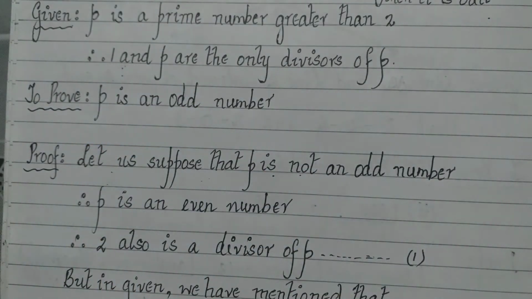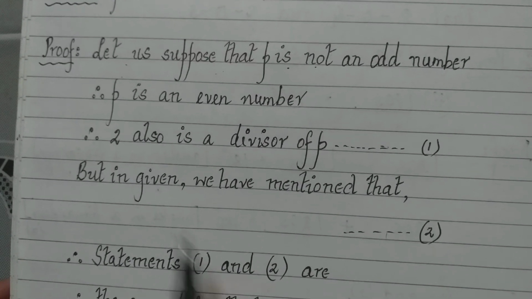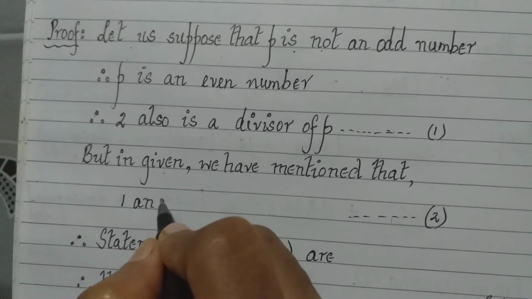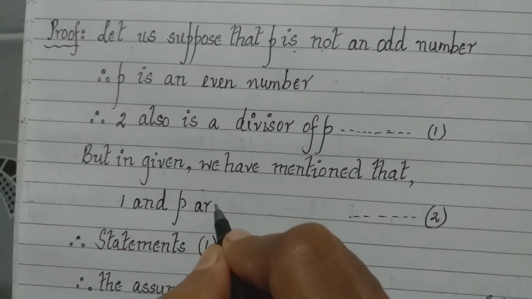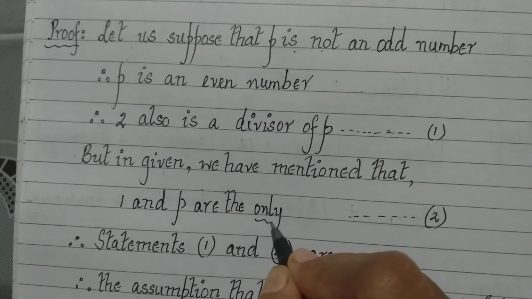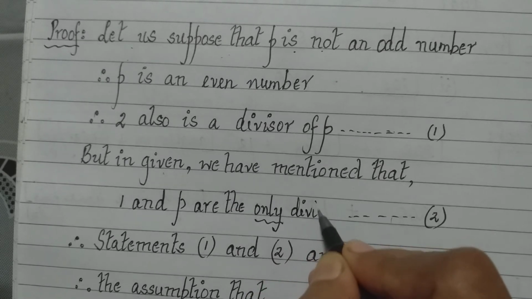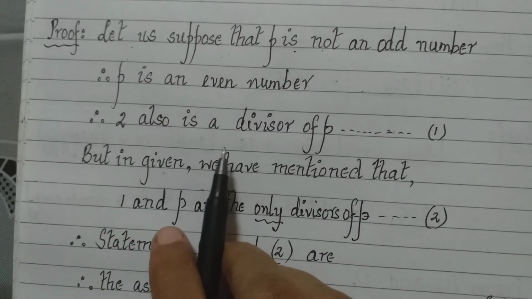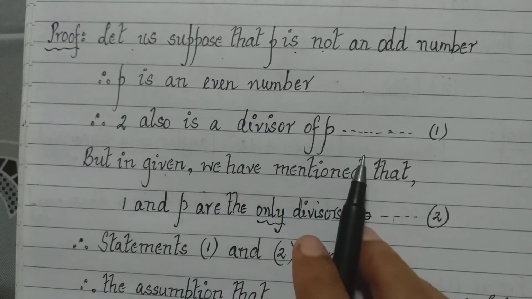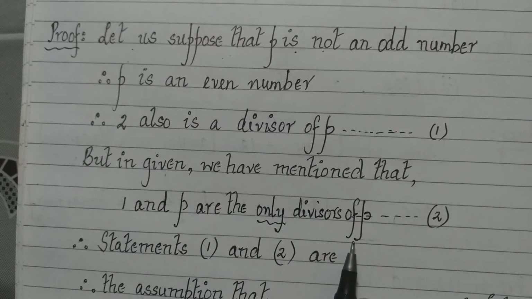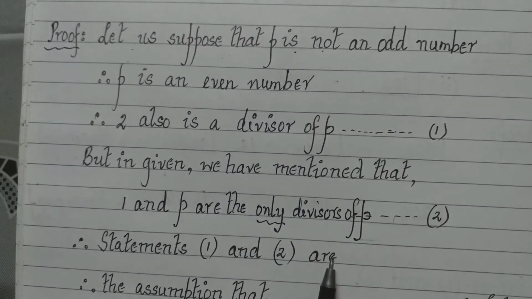No, only 1 and P are the only divisors of P. So according to our proof, 2 also is a divisor of P, but in given we have 1 and P are the only divisors of P. If you look at statement 1 and statement 2, can both of them be right?